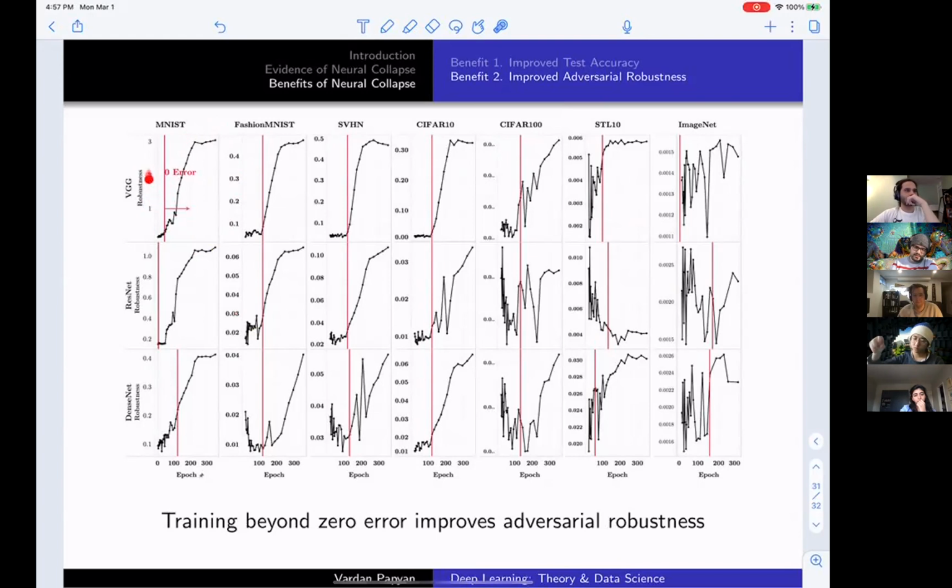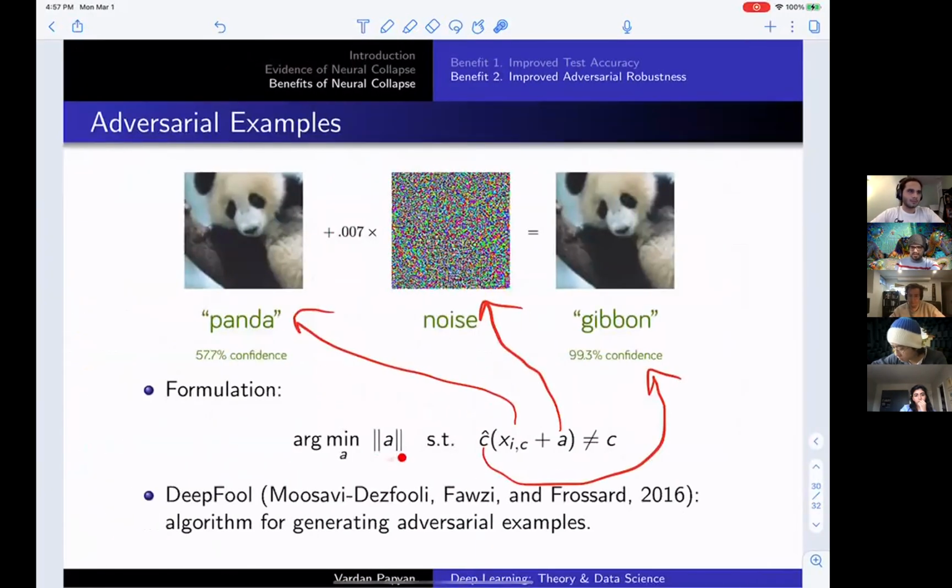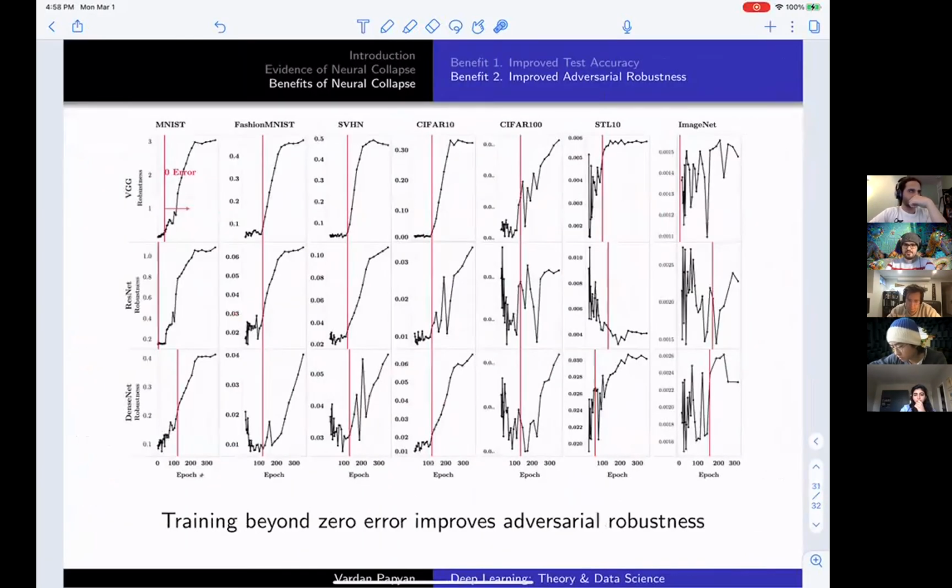So when we write robustness here, what do we mean? Robustness is basically how much L2 norm you need to add to your image in order to confuse the network. So the bigger the perturbation that is required, the more robust the network is, right?